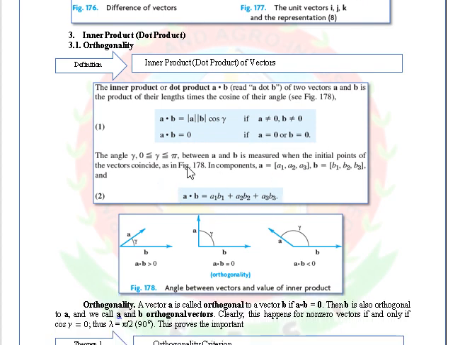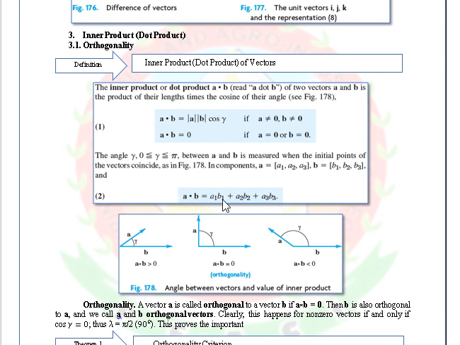Now, generally, if the vectors are expressed in terms of their components along the xyz coordinates, to get their scalar product, all you have to do is multiply their components along the different coordinates and then add them. For example, a dot b.